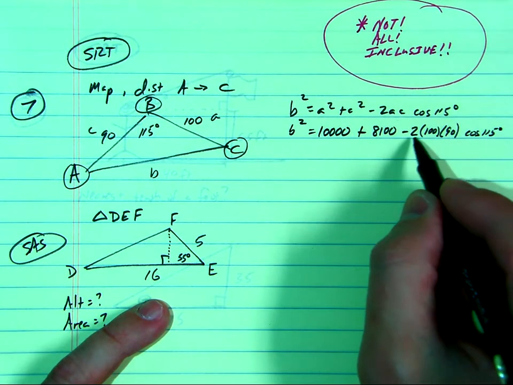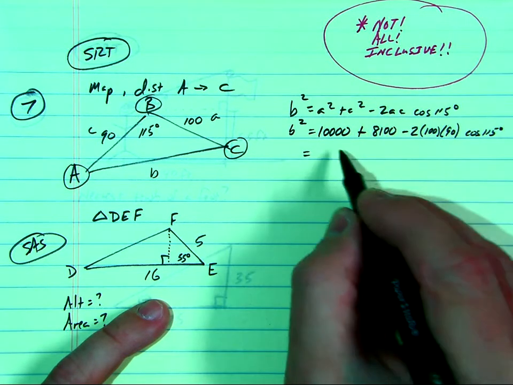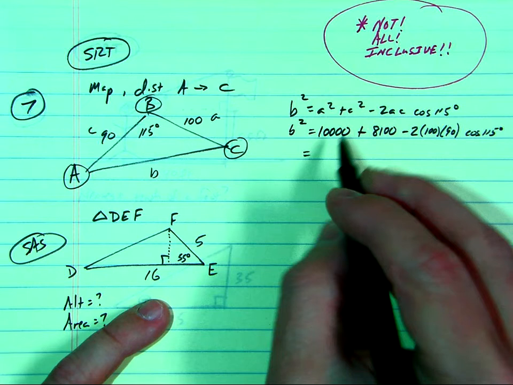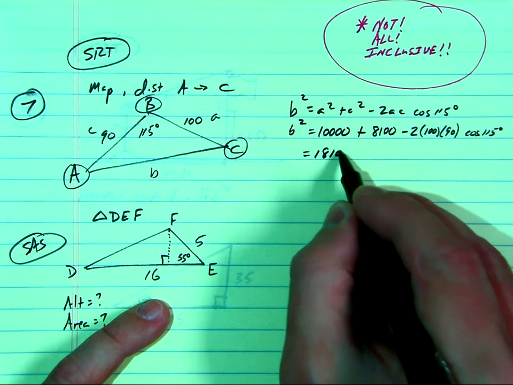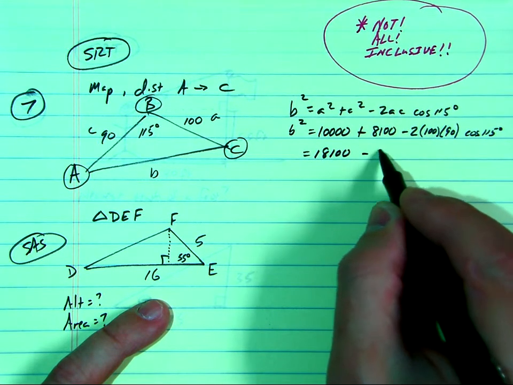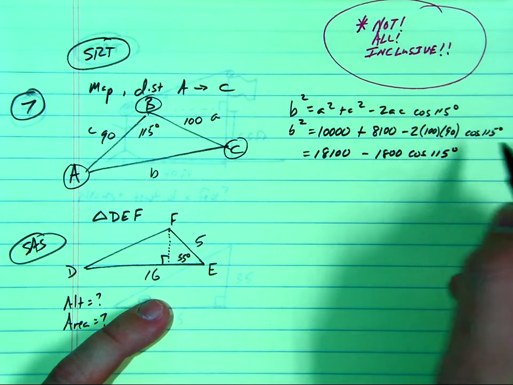Is that 18,000? Okay, so this is 10,000 plus 8,100. Is that 18,100? And this is minus 18,000 cosine 115?